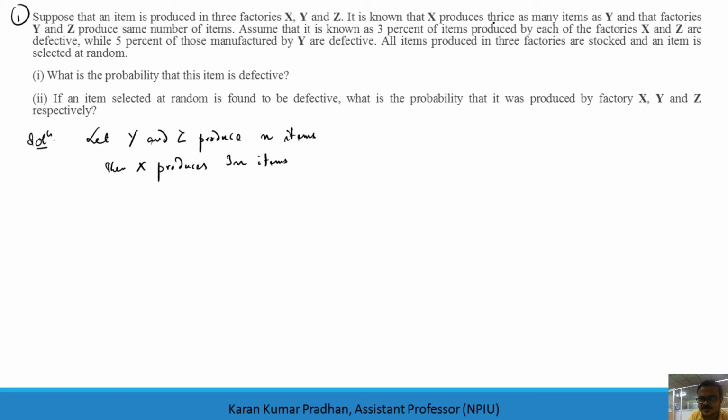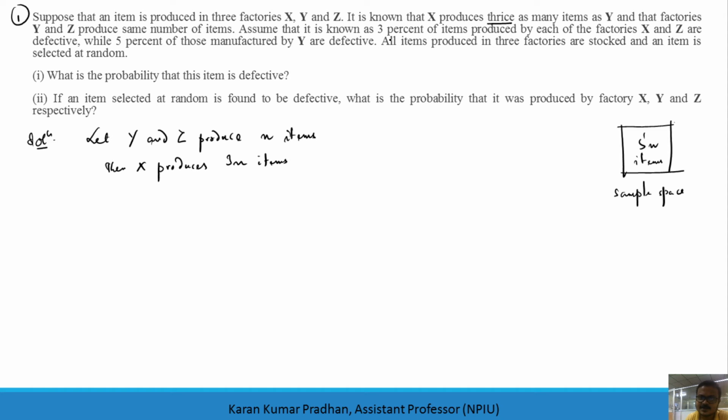X produces thrice as many items as Y and definitely Z. Now if all are stocked in a sample space, say, this is your sample space. If all are kept in a stock, you have in total 5n items. That means 3n from X and 2n from Y and Z.